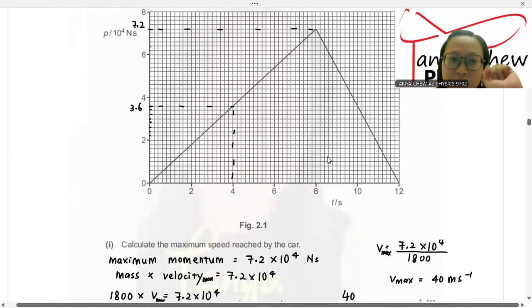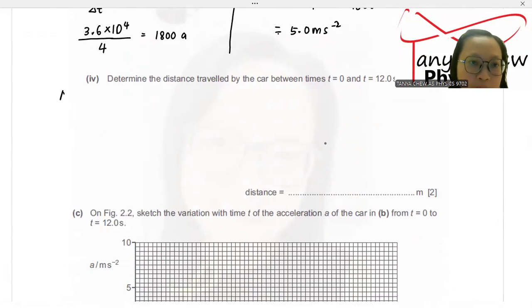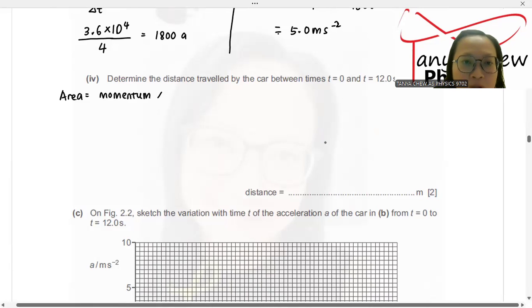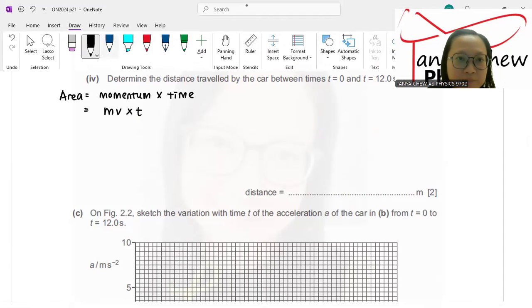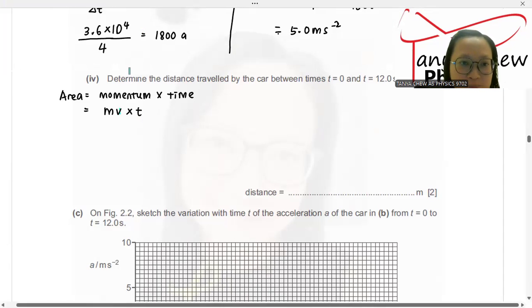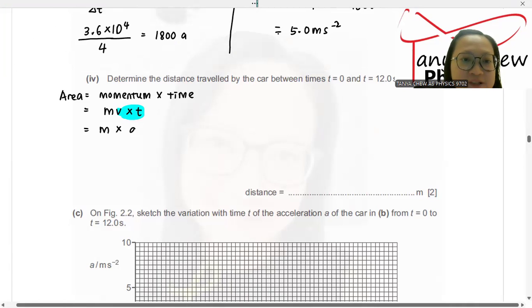The area under it represents momentum multiplied by time. Put in the equation of momentum, mv, times time. Could you see that this is speed times time? Speed multiplied by time is called distance.